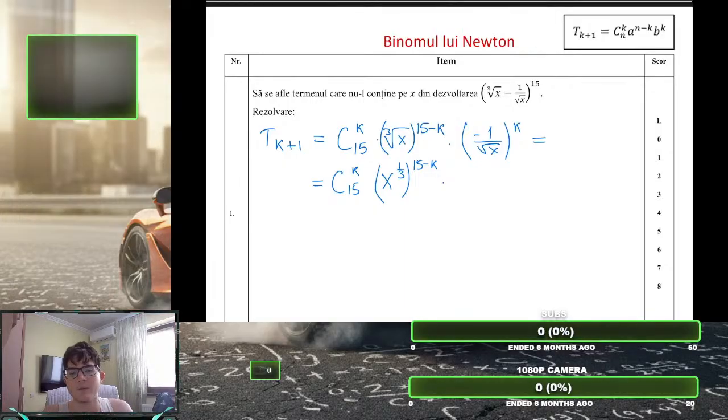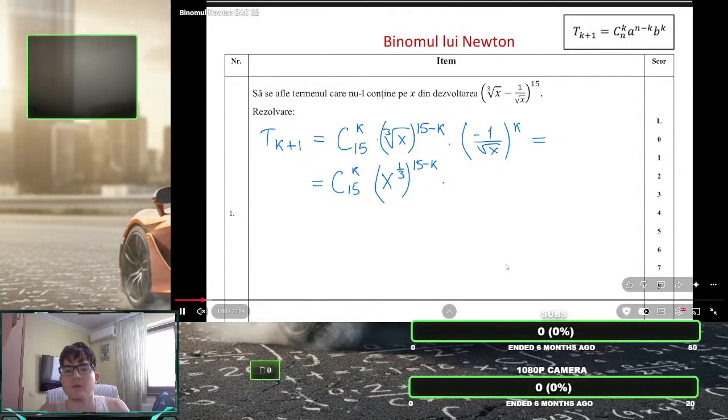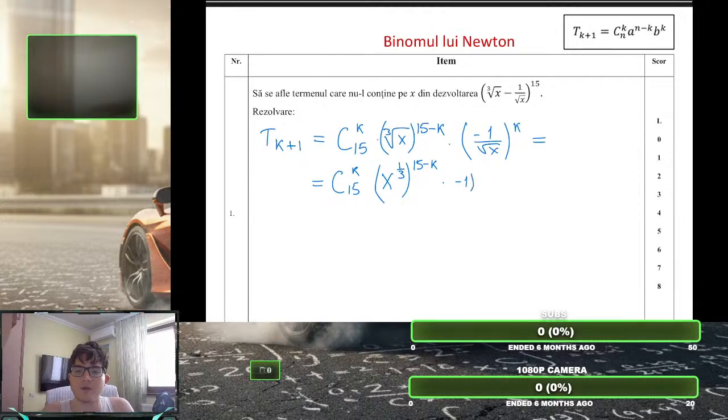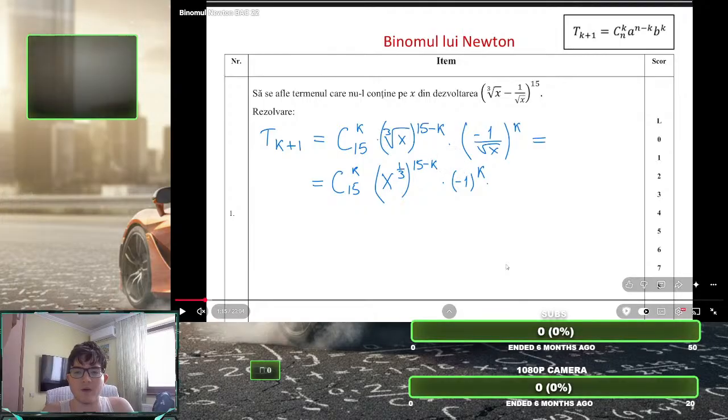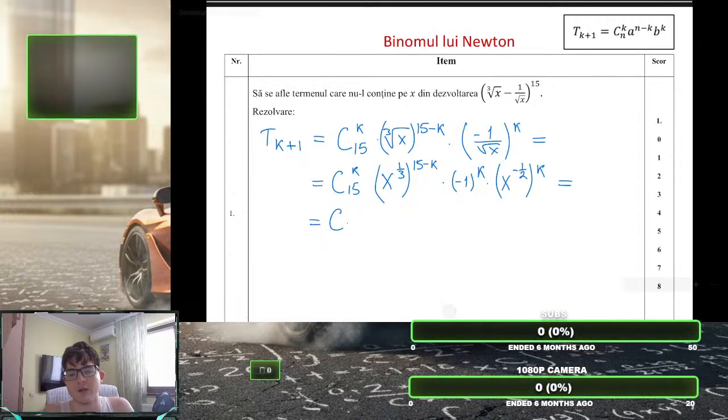But as the minus is already present there, I think the negative sign is removed, and we're just going to have x at the power of 1 divided by 2, essentially times k. What, negative 1 and that's it? Negative 1k.